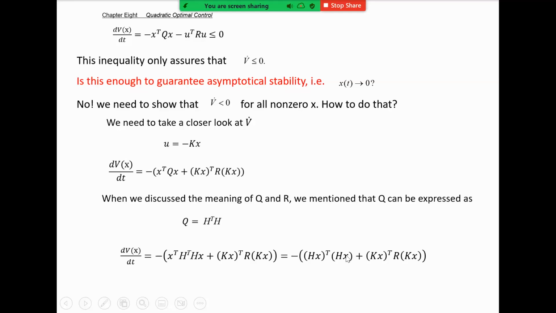That's why we want to split Q in terms of H transpose times H. In this way, this first term can be expressed as an inner product of one vector. Then the second term is still a vector times a positive definite matrix times Kx.